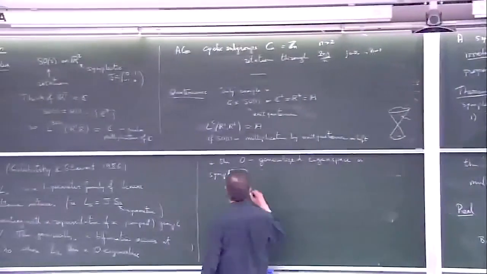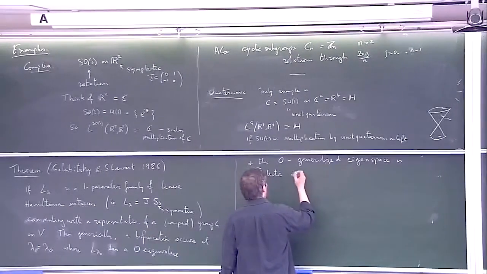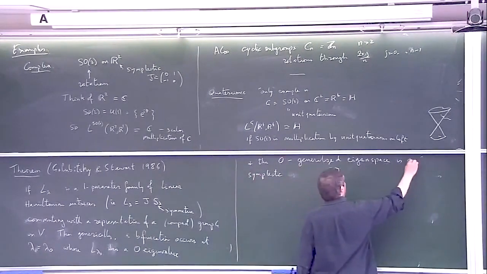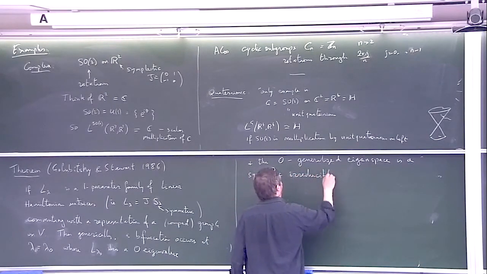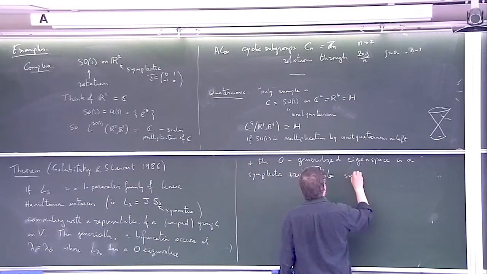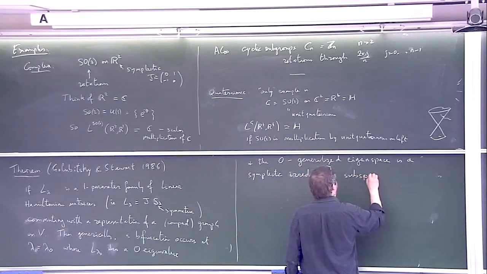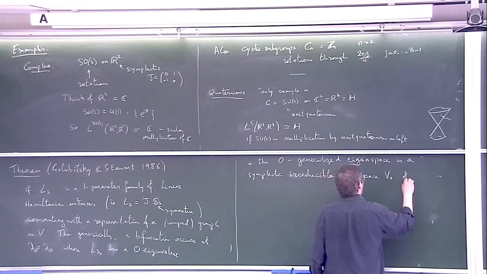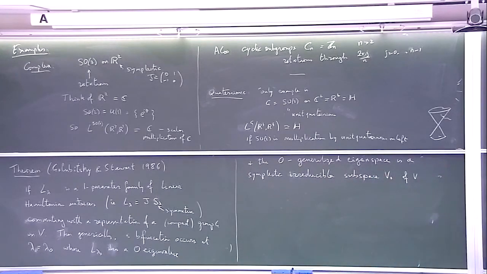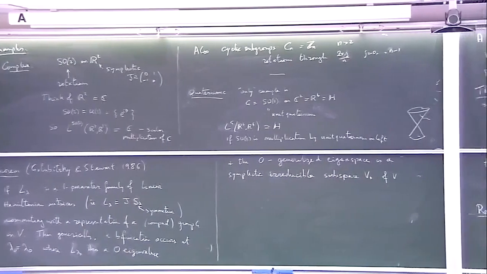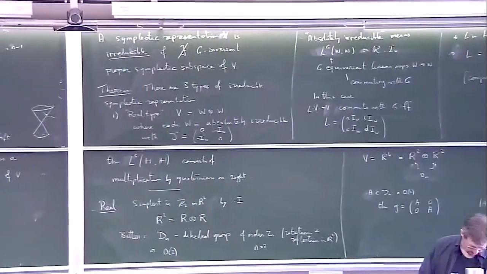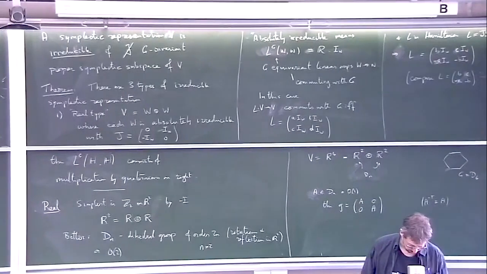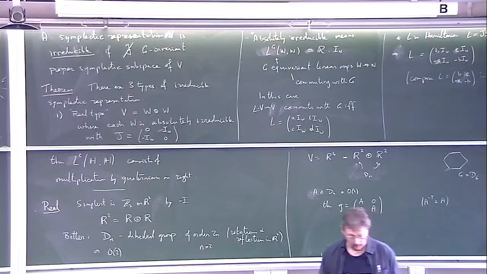So it's symplectic, or is a symplectic irreducible subspace. Let me call it V0 of V. So generically it's irreducible. And there are two cases.